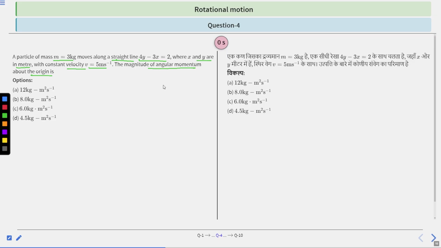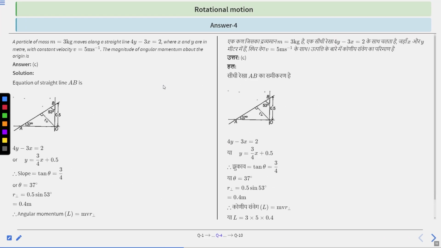Let's find a solution. So this is the straight line 4y minus 3x equals 2, where x and y are in meters, v is 5 meters per second, which is given in the question, and mass is 3 kg.